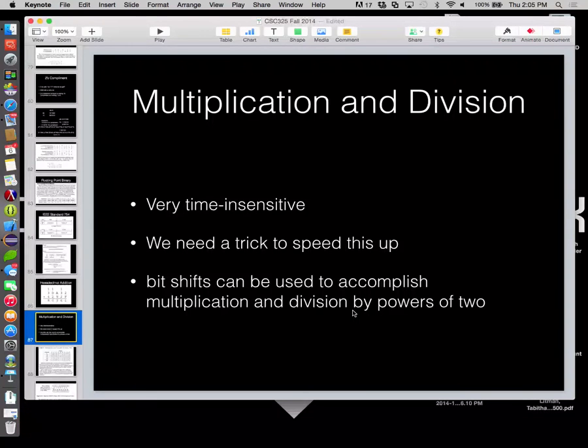Okay. So, first of all, if we do multiplication and division the way we think we should, basically just like we do it with decimal numbers but with binary, it would be incredibly inefficient. Because when you do multiplication with decimal numbers, you have a row for every digit of the bottom number, and then you add all those together to give you your answer.